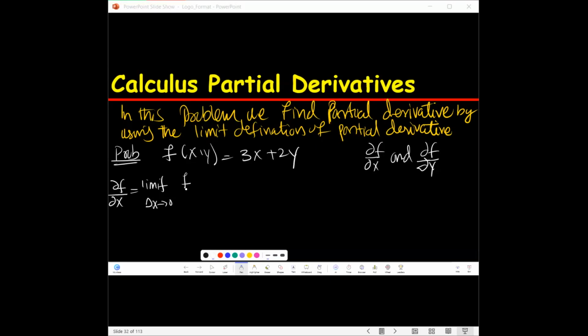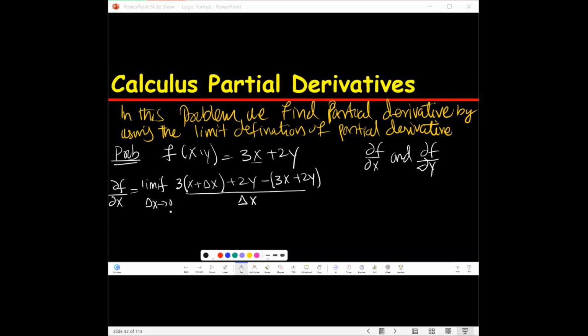In this case, I'm going to replace this x with x plus delta x, writing 3 times (x plus delta x), and y as is, minus my original function, divided by my differential element, which is delta x.